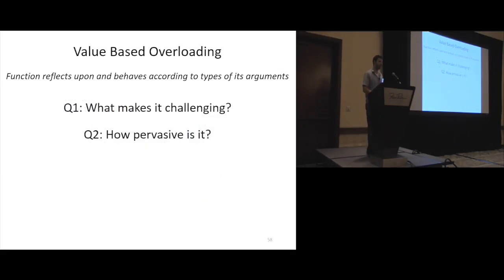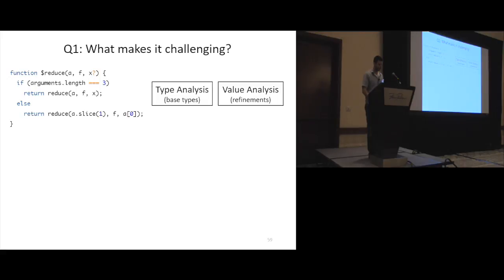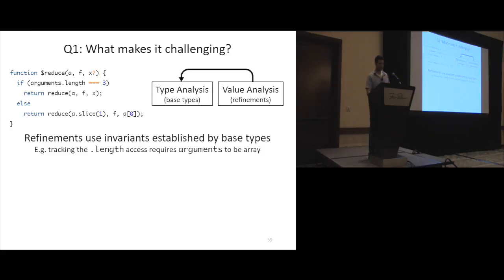So what is it that makes checking these kinds of functions challenging, and how common are they? To answer the first question, let's see what we did so far in our technique. So we've combined a type analysis that is based on the basic types with an analysis based on the values, which is what the refinements are there for. However, refinements use the invariants that were established earlier by base types.